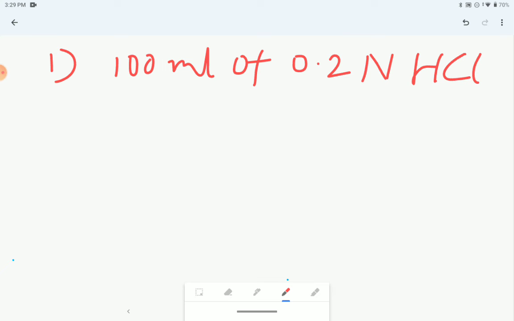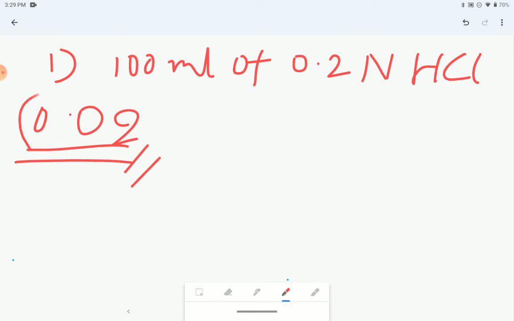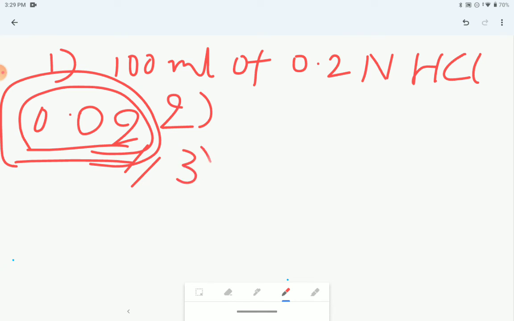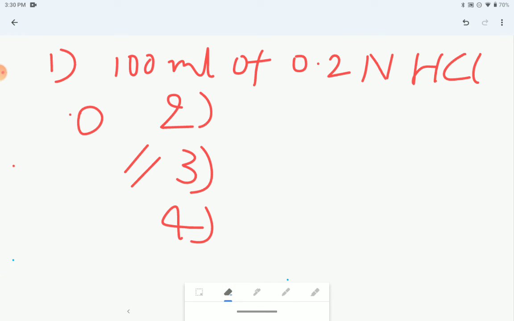We should check whether the number of moles comes to 0.02. If it is 0.02, then it combines with NH3, or else it does not. You should apply the trial and error method and check all of these options, right?